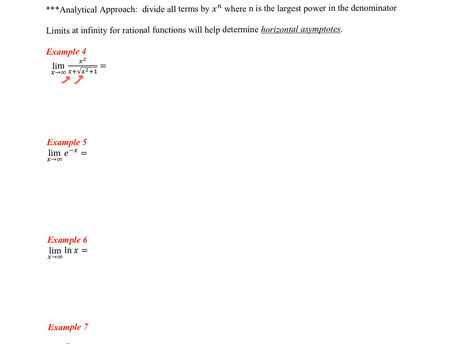What we're going to do, as you can see above, is divide all terms by x to the nth, where n is the largest power in the denominator. So this limit is equivalent to the limit as x goes to infinity where I'm going to divide all terms by x. I'm going to take x plus square root of x squared plus 1 and x squared in the numerator and divide all of them by x.